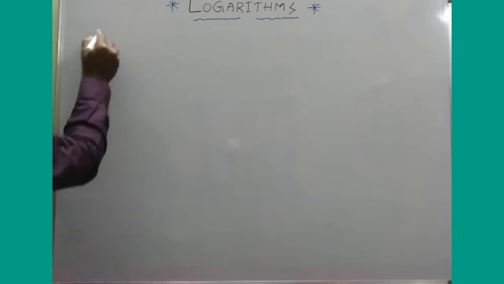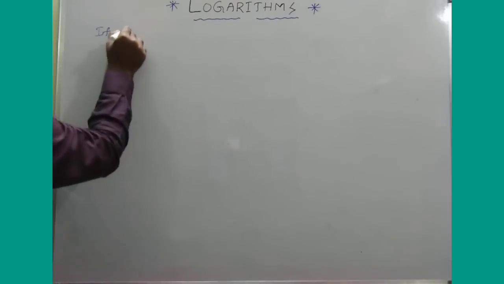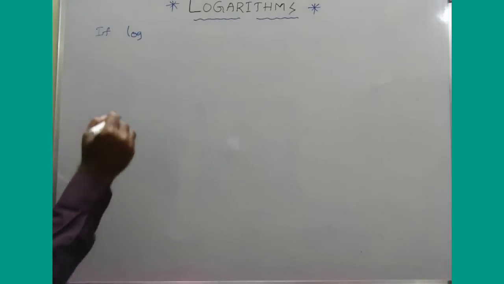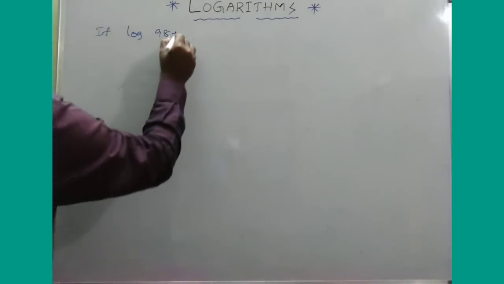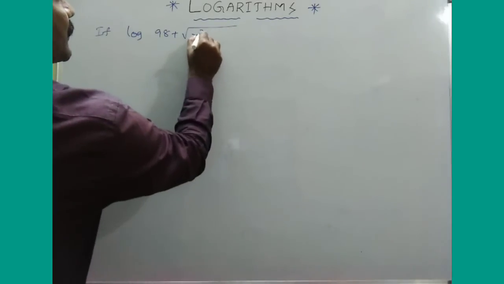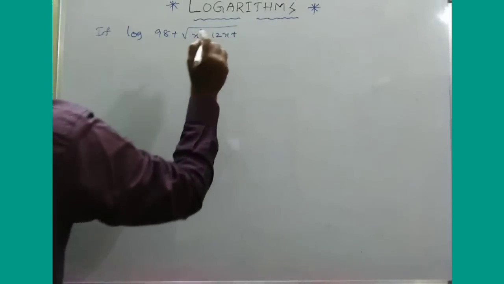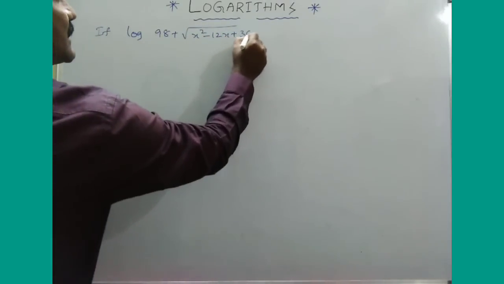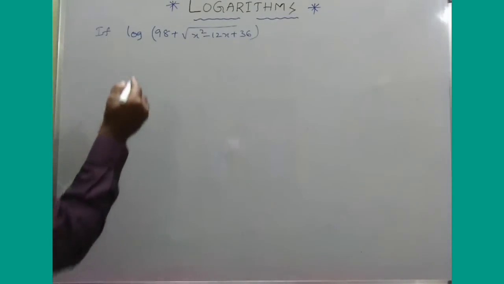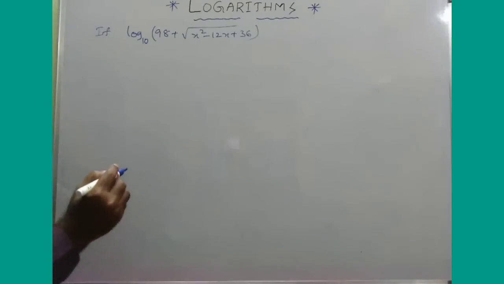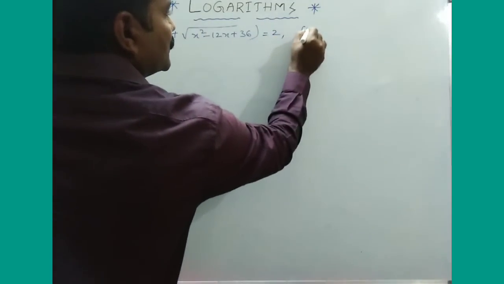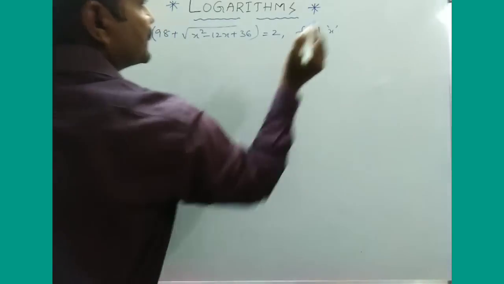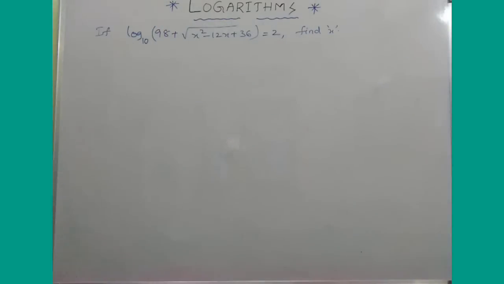So coming to the next question: if log of 98 plus square root of x square minus 12x plus 36 to the base 10 is equal to 2, then find x value.